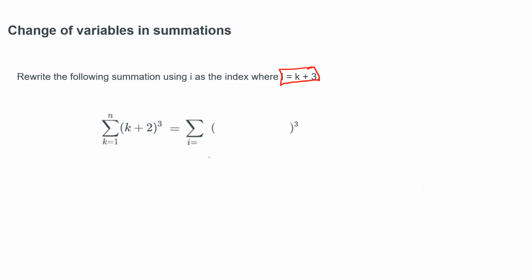But we're not going to start with 1, because we have this relationship, I is equal to K plus 3. So when K is equal to 1, what is I? Well, I would equal 1 plus 3, which is equal to 4, right?